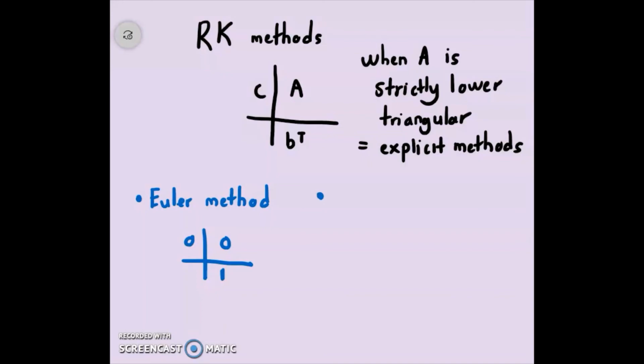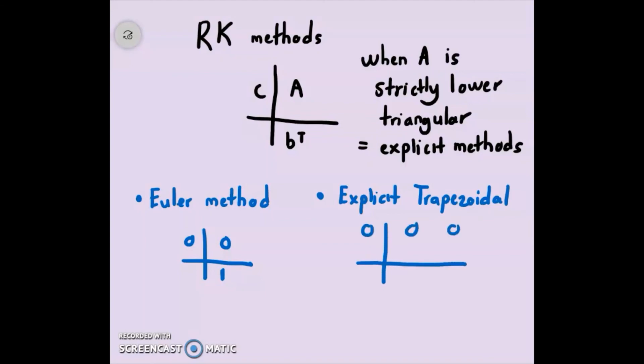We looked into the explicit trapezoidal rule given as 0, 0, 0, and then you have 1, 1, 0, half, half. These are the Butcher tableau. Okay, so look, it's lower triangular.